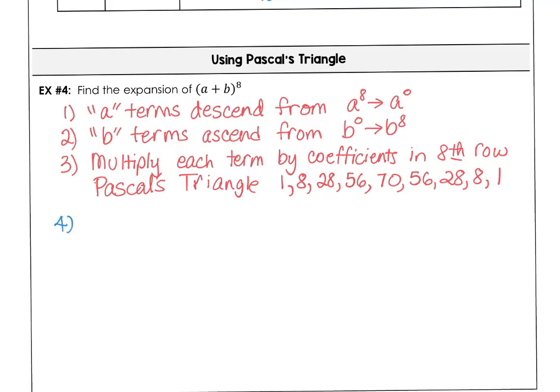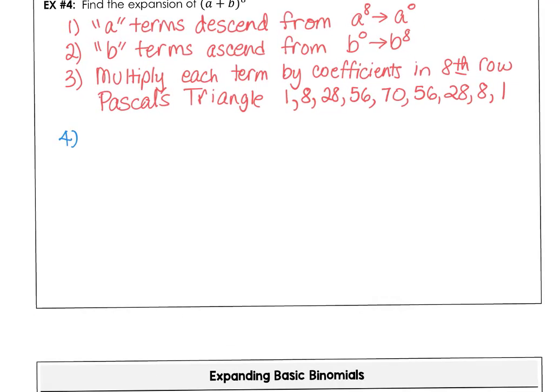Now I want to do this in color so you can see the beauty of all of this. So we've got 1 is our coefficient, a to the 8, and b to the 0. And our operation is addition, so our next number is 8, and then our power on a is 7, the power on b is 1. Then our next number is 28, so we have 28, a to the 6th, b to the 2nd.